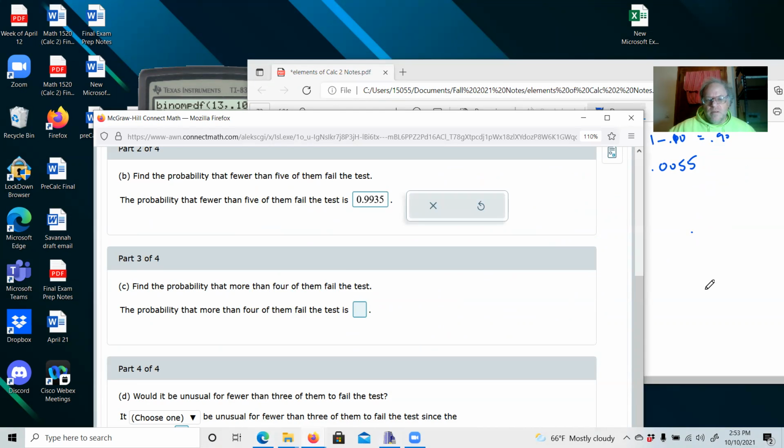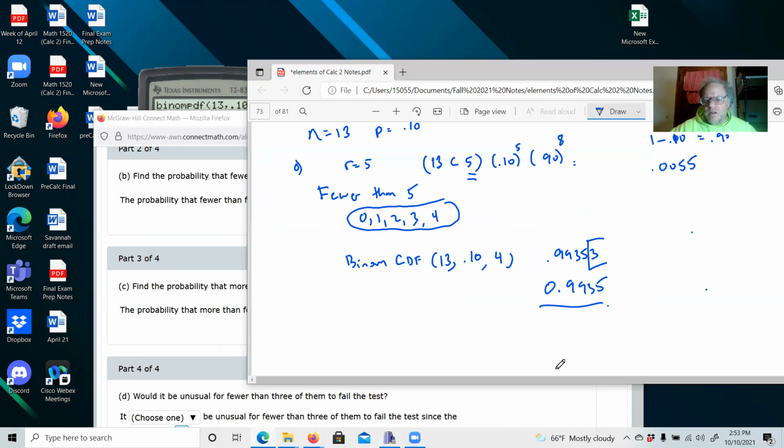More than 4. What's more than 4? Is 5 more than 4? 5 is more than 4. 5, 6, 7, all the way up to 12 and 13. So this is simply the complement of the previous answer.